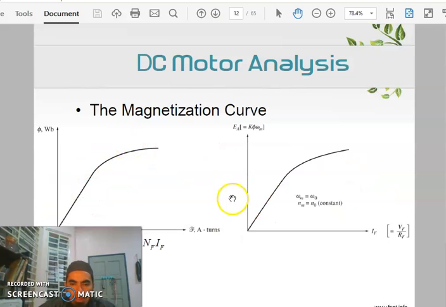As a result, you can see there is a curve of flux versus MMF, and a curve of internal generated EA versus IF.